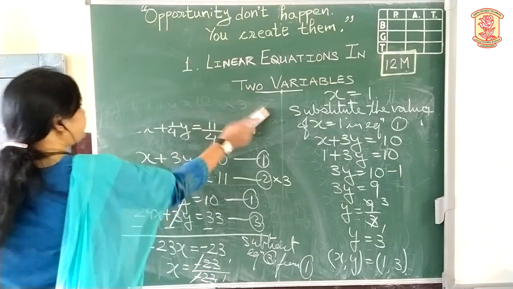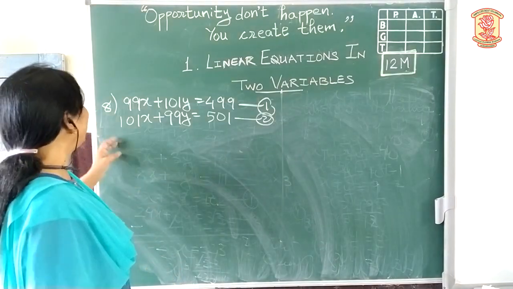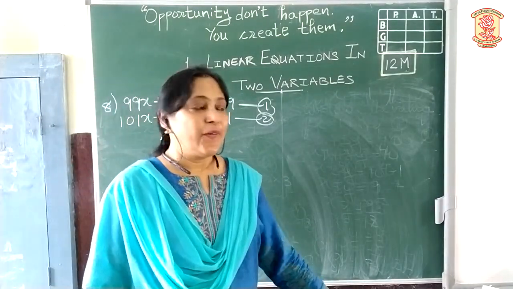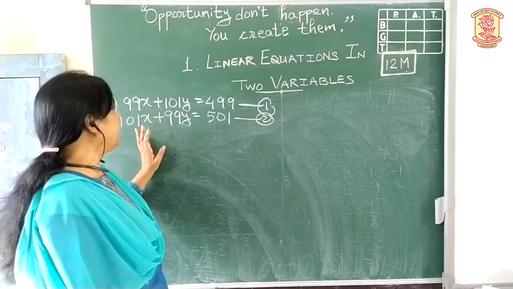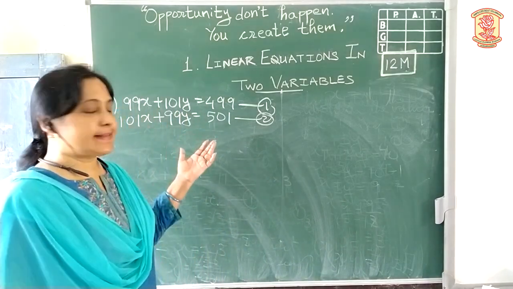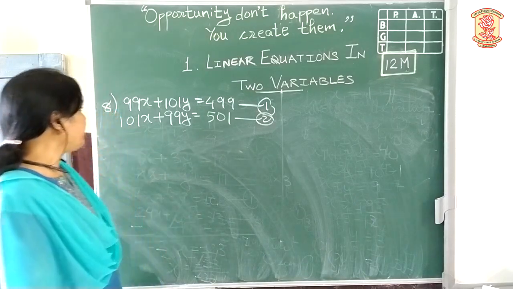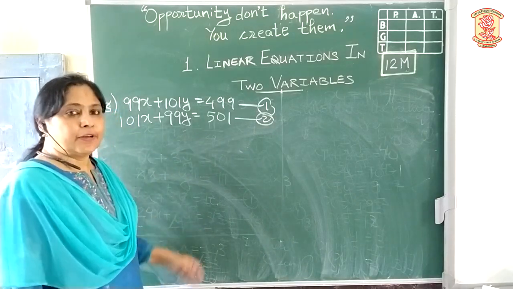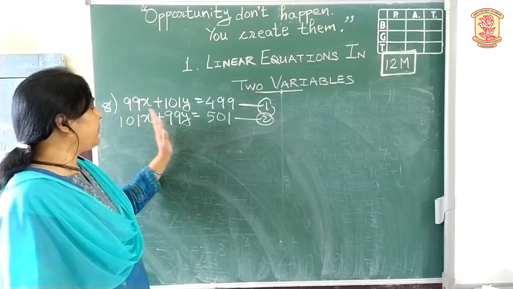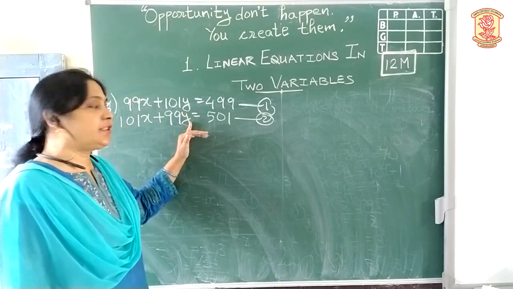Now we are going to start with the 8th question of this exercise. That is question number 2, the 8th bit. Here, if you observe, the coefficients of the variables x and y are interchanged.